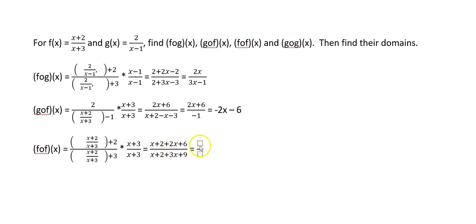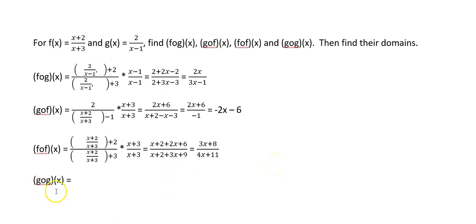So add the x's on the top, and we will have 3x, and our 2 plus 6 will be 8. And on the bottom, we'll have 4x and 11. And we're done with that ugly thing. Okay, so let's do the last of these, and then we will take a look at our domains.